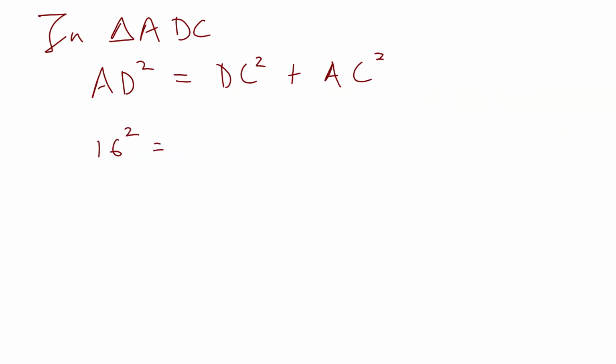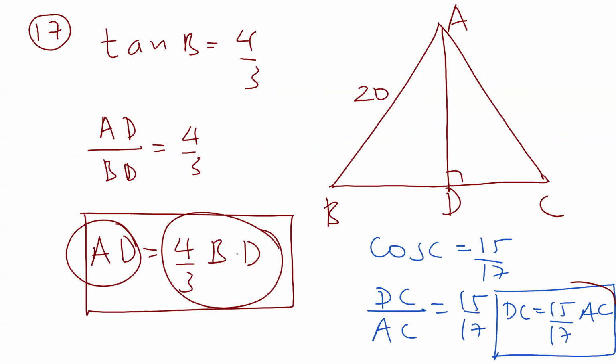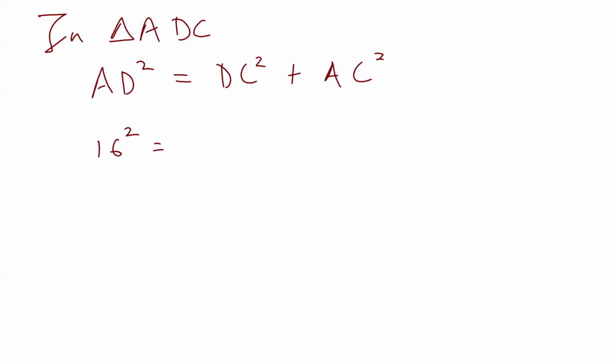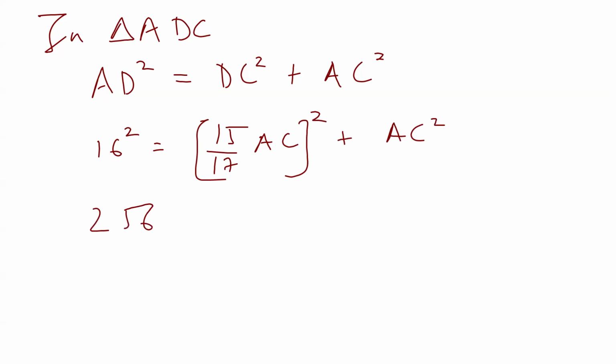Now we have one more relation over here: DC is equal to 15 by 17 AC. So 256 plus 225 AC square upon 289 equals AC square.